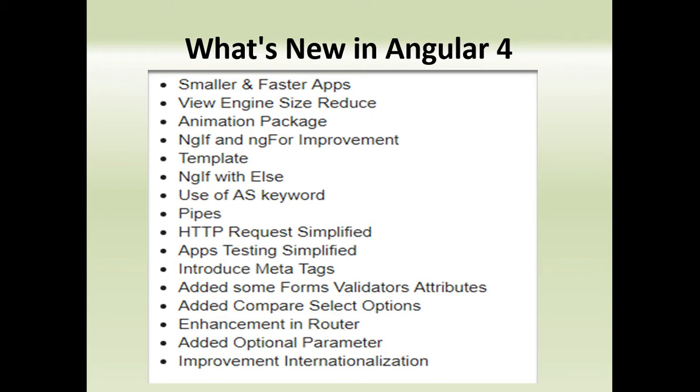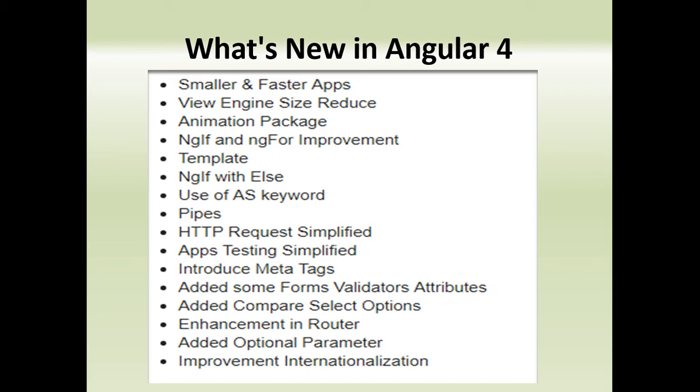The next question is, what is the difference between Angular 1, Angular 2, and Angular 4? There are a lot of differences. Google developed AngularJS firstly, but after that Google developed Angular 2, but Angular 2 is not an upgraded version of Angular 1.